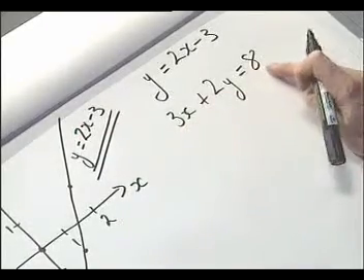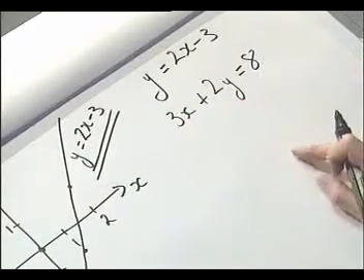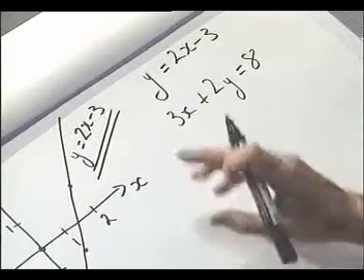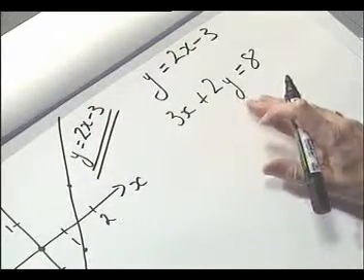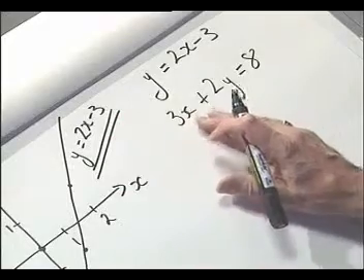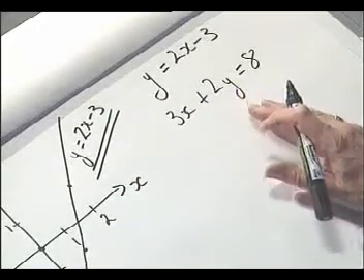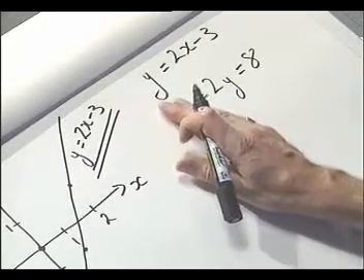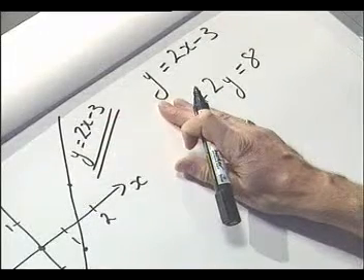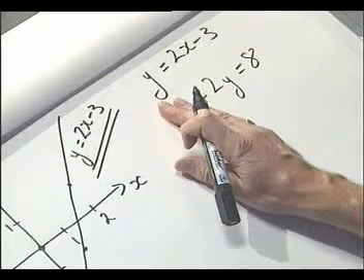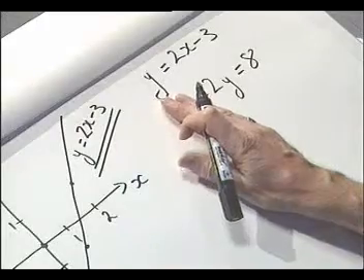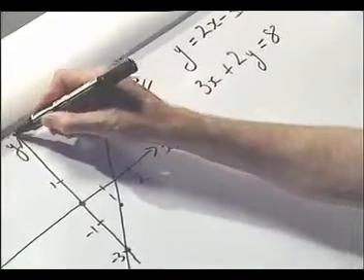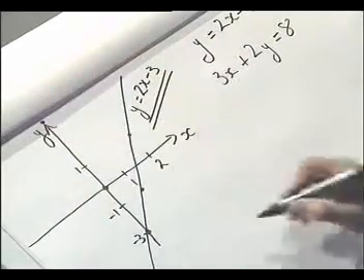Again, it's a linear equation, so it's going to give us a straight line. Now, I don't want to have to work out lots of points for this, so what I'm going to do is just sketch it in quickly on the graph. I'm going to say when x is 0, and cover up the x term, 2y is equal to 8. So y must be equal to 4, which is going to be up there somewhere.